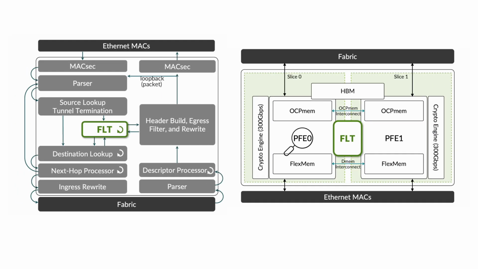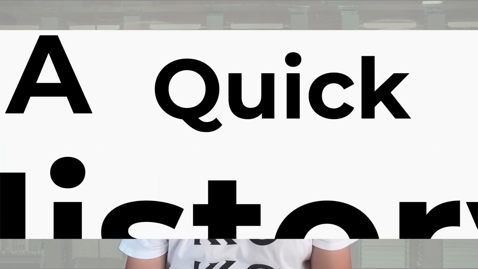On the left side, we show how the FLT block is integrated into the Express pipeline. Similarly, on the right side, we show its integration into the Trio ASIC. The FLT block combines multiple technical innovations, including custom compressions and search algorithms, making it one of the most scalable filtering solutions available on the market today.